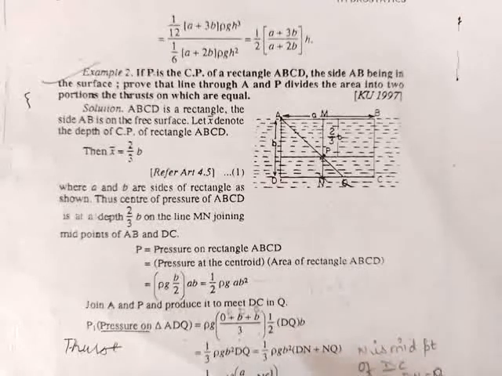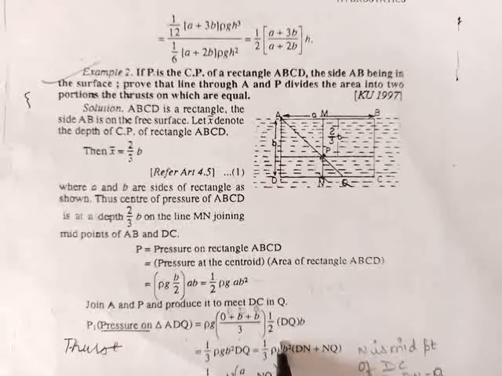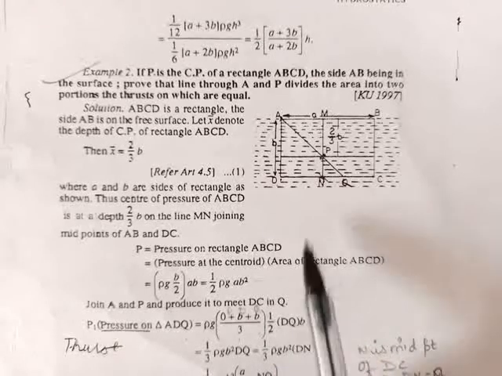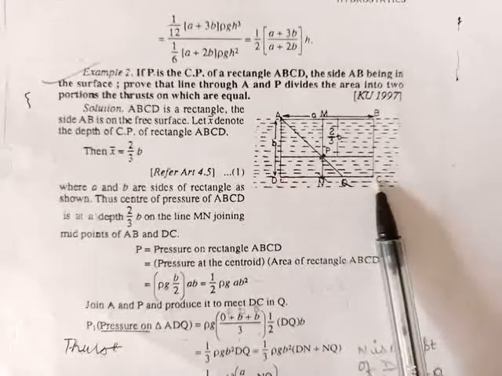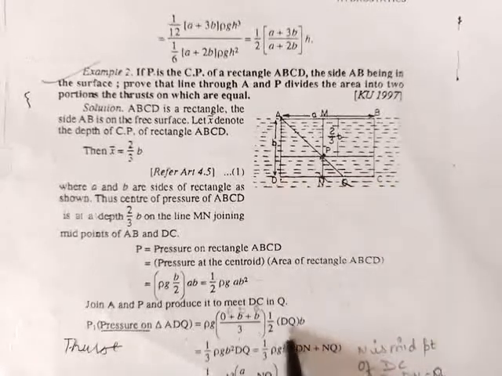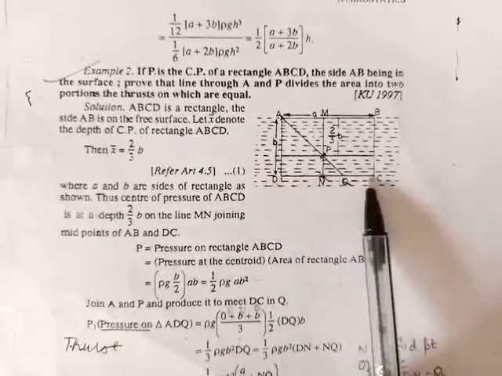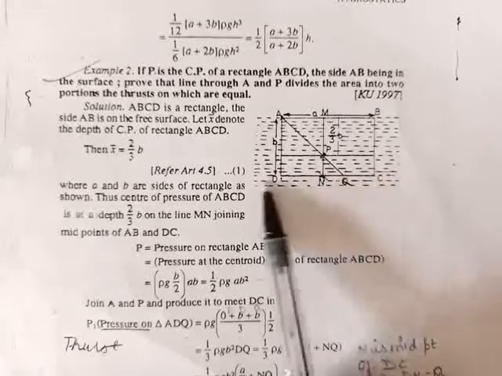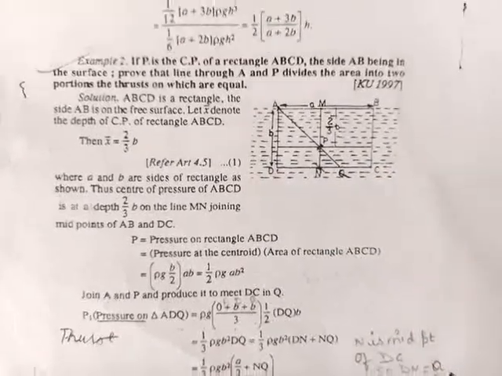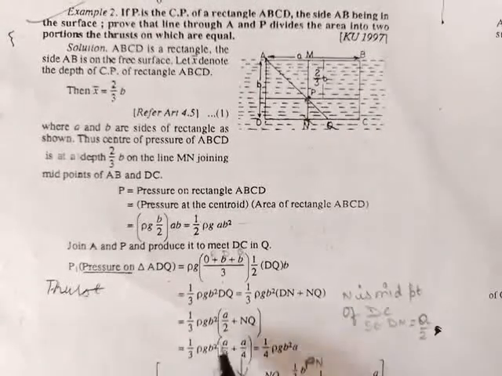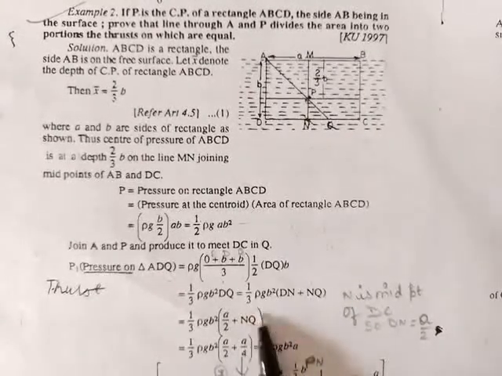So we have substituted the value. Now what is DQ? In this figure you can see DQ is DN plus NQ. So we can put the value of DQ as DN plus NQ. Now what is DN? Because N is the midpoint of DC, DN will be half of DC. This whole length is a, so DN will be a by 2. Now it remains to find NQ.